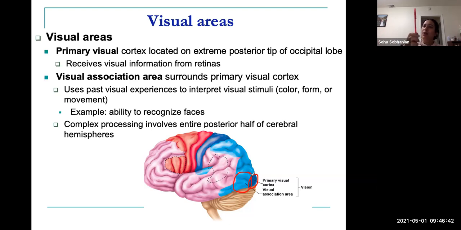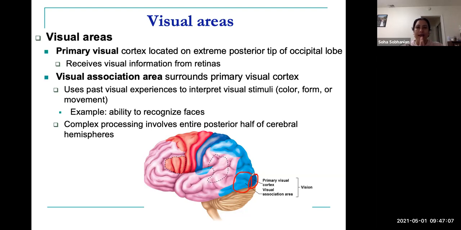When I look at this, I can tell you this is a pen, this is a phone, this is my mouse, right? I'm using my previous knowledge to make sense and interpret what I'm seeing. So ability to recognize a face is association area. Ability to read is association area.